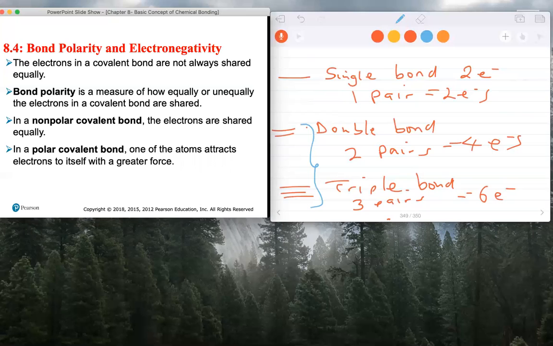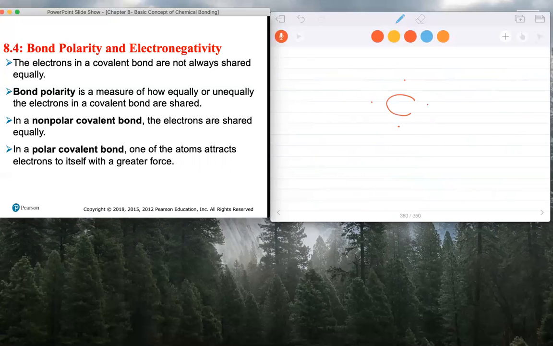Let's move to 8.4. There is a term I want to define before we move further on 8.4: electronegativity.